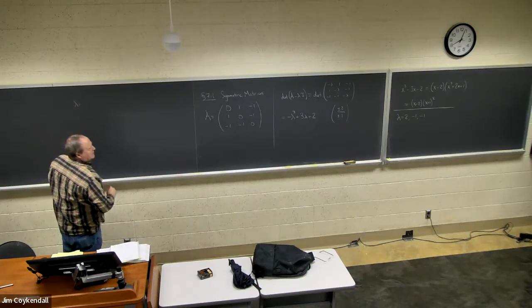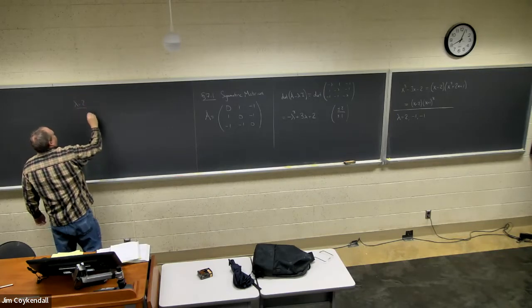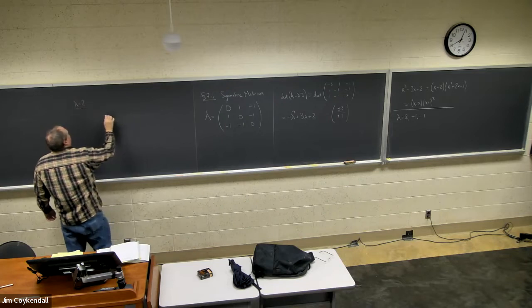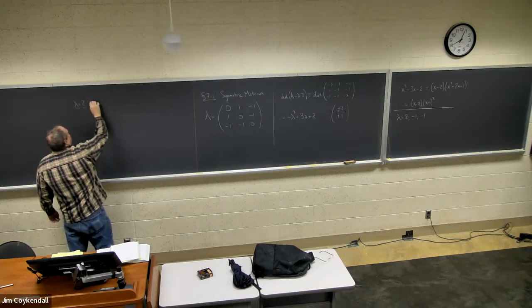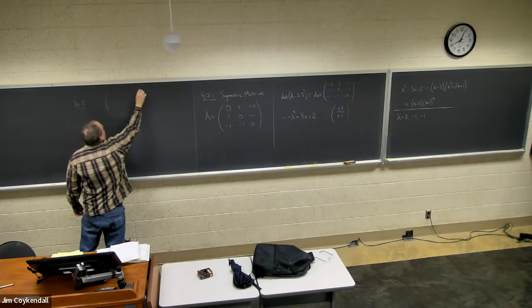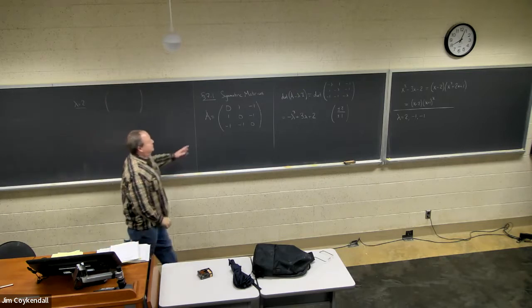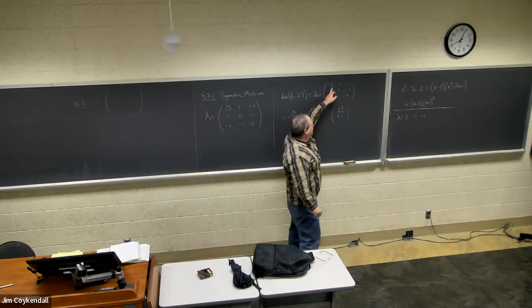Let me do lambda equals 2 first, the one that's by itself. What we're doing is looking at the null space of the matrix. What happens when lambda is 2?